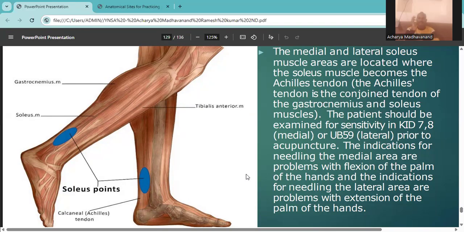For finger extension, you use posterior lateral point. On both legs, that side problem, use opposite side.